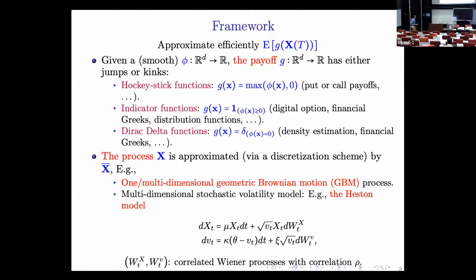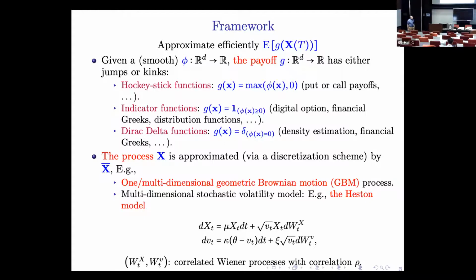The framework that we consider is the following. We want to approximate a certain expectation of interest, where the payoff is from R^d to R, which is a composition of a non-smooth function G with a smooth function phi. There are three cases that we consider. The first case is where you have max kind of functions, where you can think about put or call payoffs. The second case is when you have indicator functions.